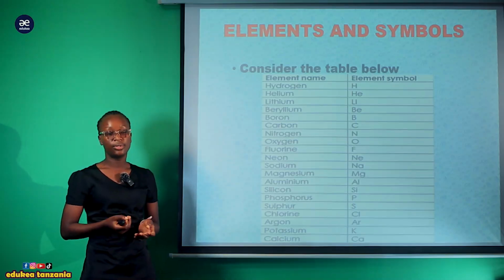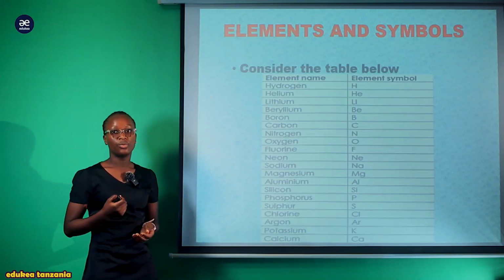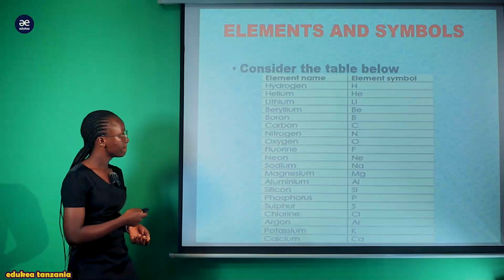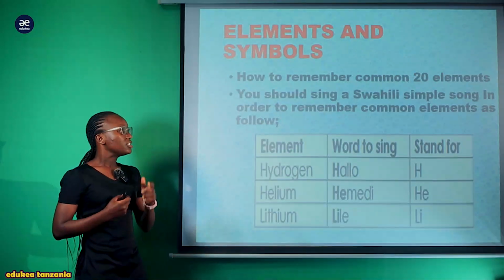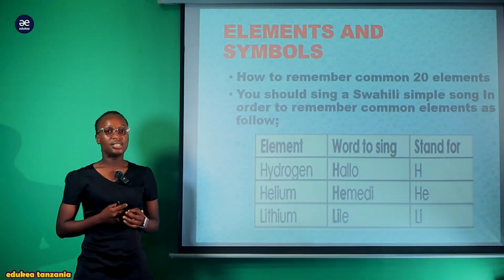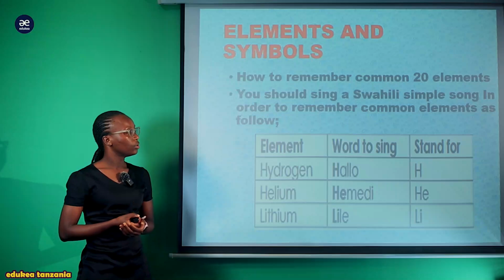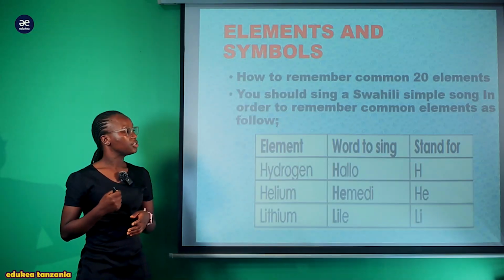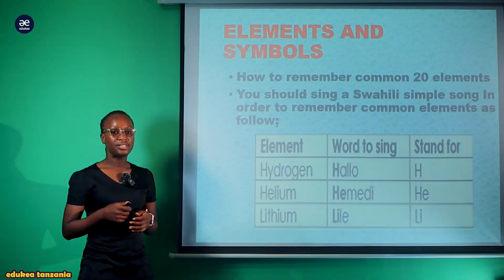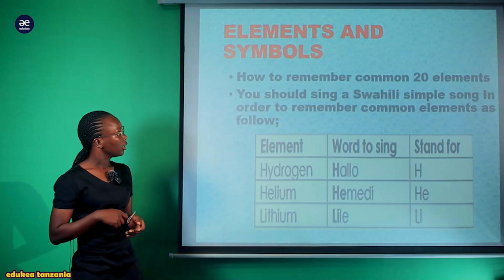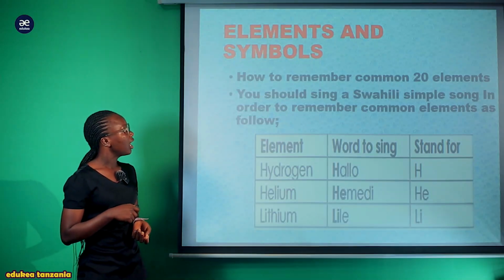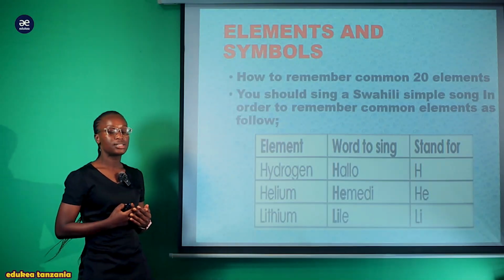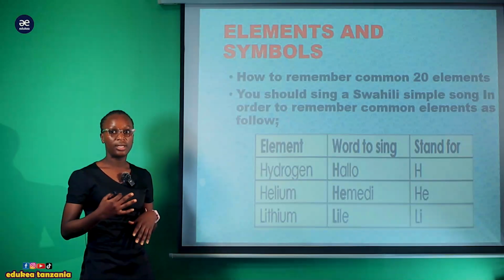Because it is the initial stage for you, the first time, how can you remember these 20 elements? You should sing a simple Swahili song in order to remember the common elements as follows.